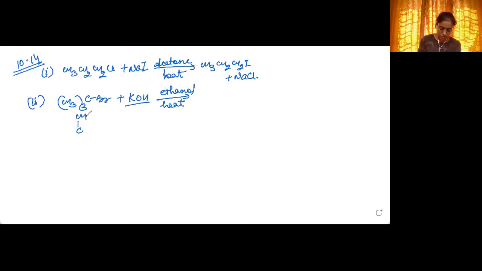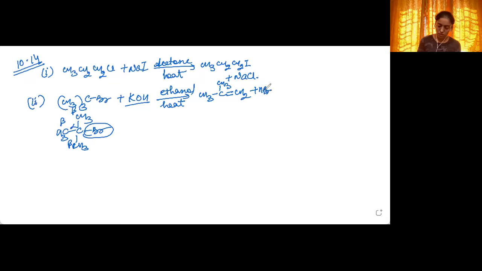This is tertiary butyl bromide. This is the alpha carbon. From here, bromide will be leaving, and all these three are the beta carbons. Because all CH3 groups are equivalent, from any position one hydrogen can be lost, and it will lead to the formation of an alkene molecule.